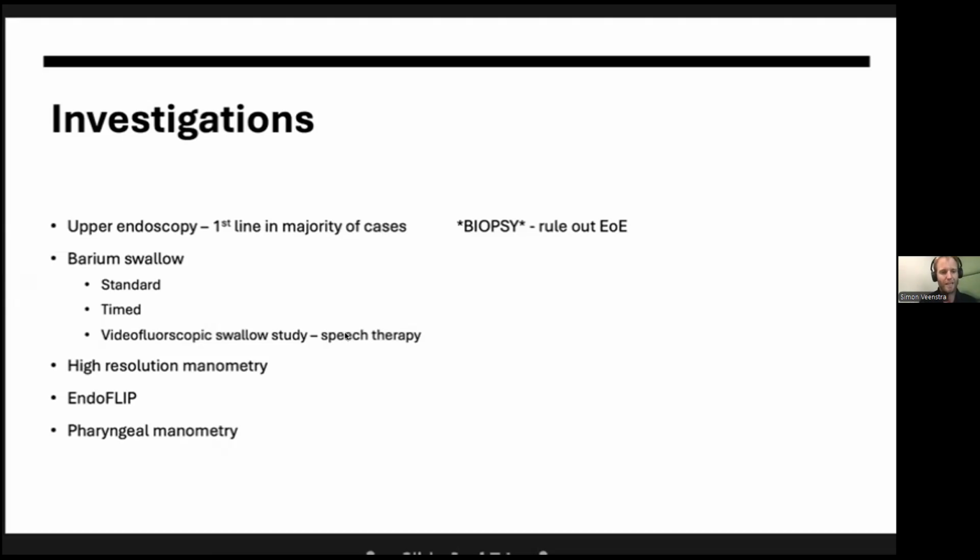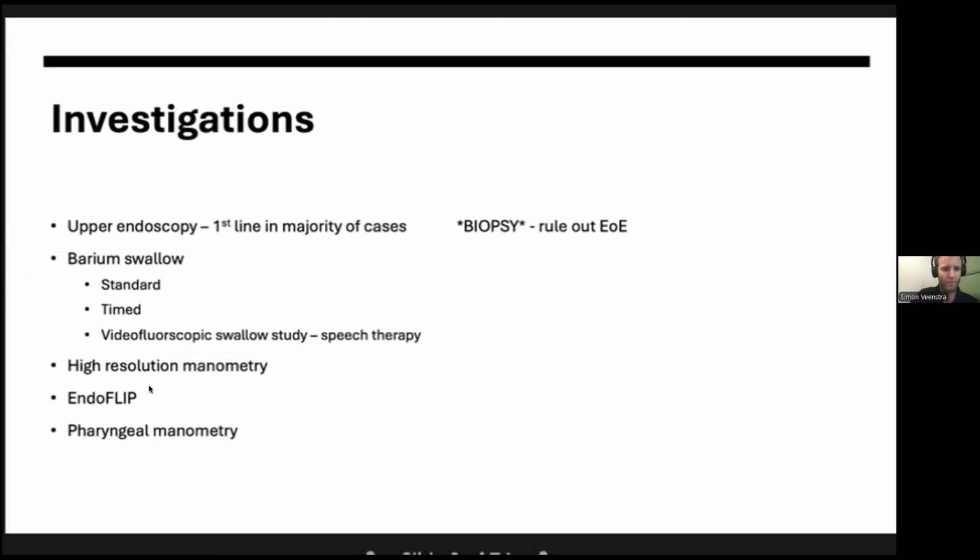When it comes to your motility issues, this is where high resolution manometry really comes to the fore. It's the gold standard for diagnosing motility abnormalities within the esophagus. And then there are other adjuncts that are nice to have, but are not necessarily available in South Africa.